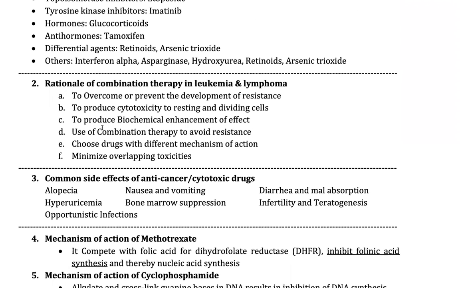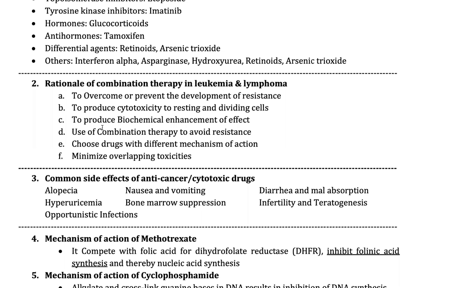Now, please remember the principle of the therapy of cancer, leukemia, and lymphoma. What is the rationale of combination therapy in leukemia and lymphoma? To overcome or to prevent the development of resistance, we have to give combination therapy, not only one drug. Why?